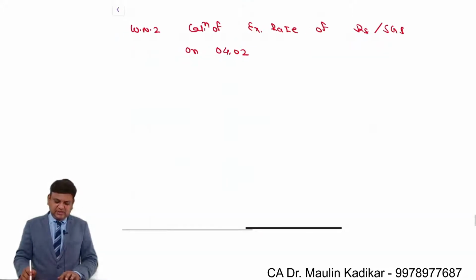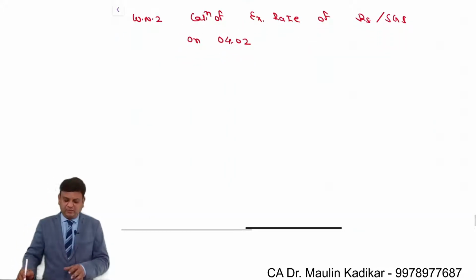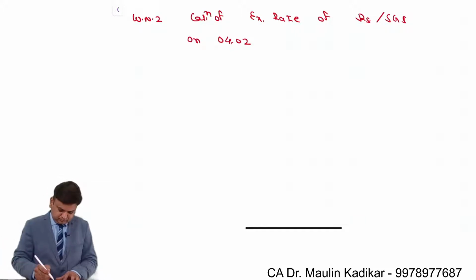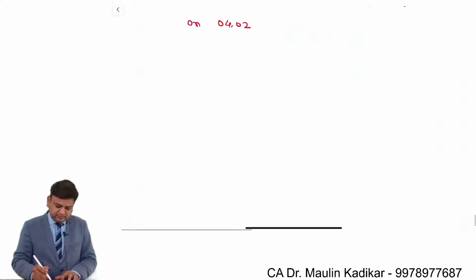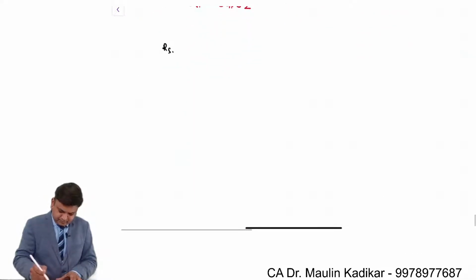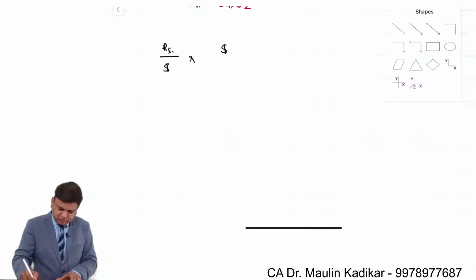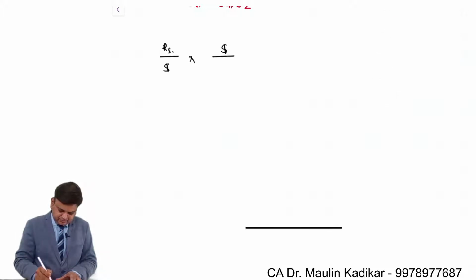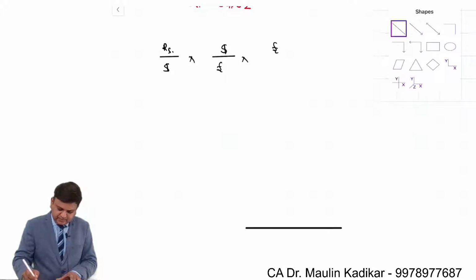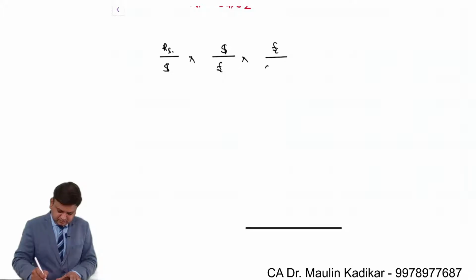So let us see the exchange rate on 4th of February. Again the same formula. Rupees upon dollar into dollar upon pound into pound upon Singapore dollar into Singapore dollar is equal to rupees.